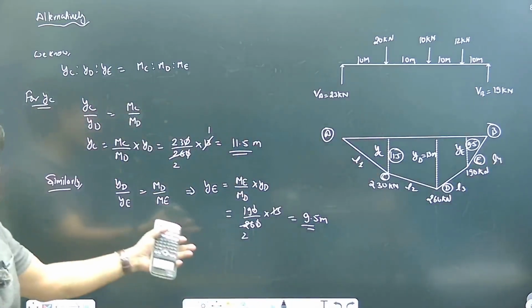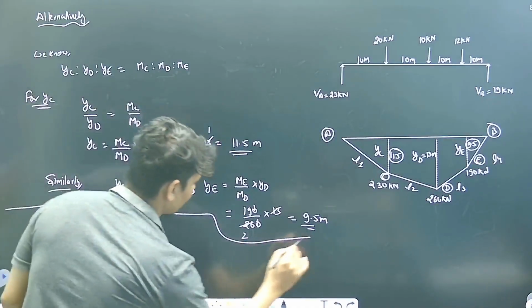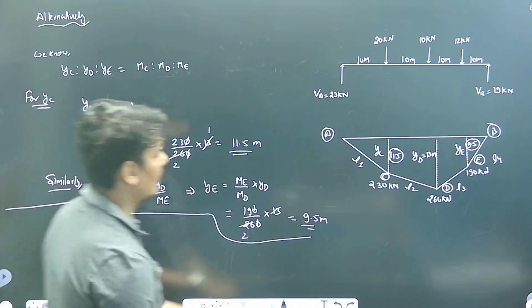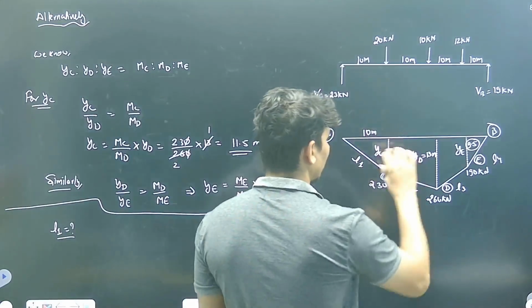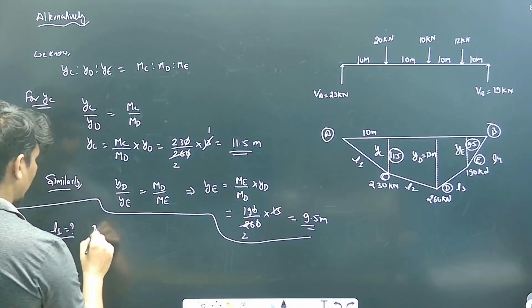That's why we took the alternative method. Now, how to calculate L1? See here, you know this is 10 meter, this YC is 11.5. Can't you find L1 by using Pythagoras?